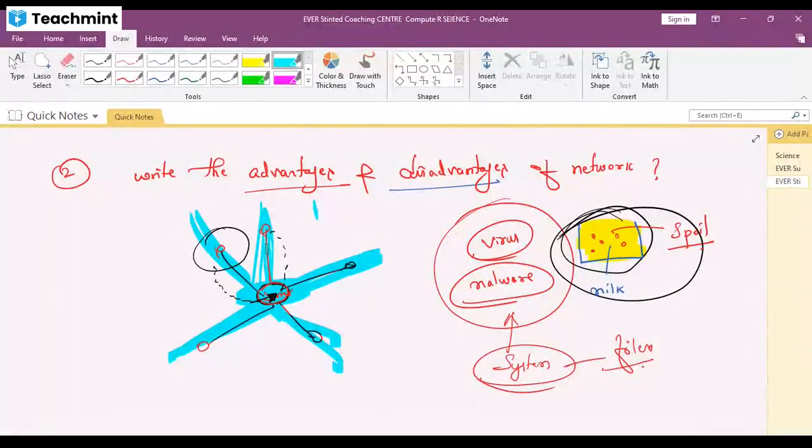Got it? Yes, sir. A small problem of one system can cause damage for the entire network, which you face in your day-to-day life. Example, your classroom. Someone has made a mistake in your class, but teachers will blame the entire class.